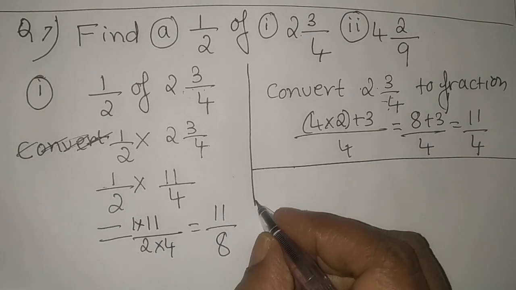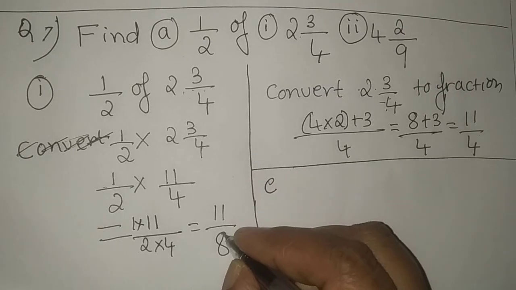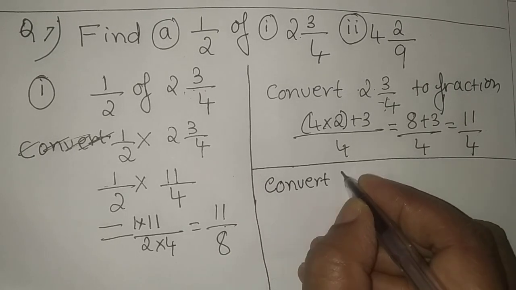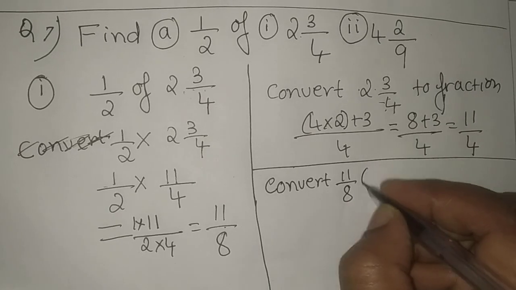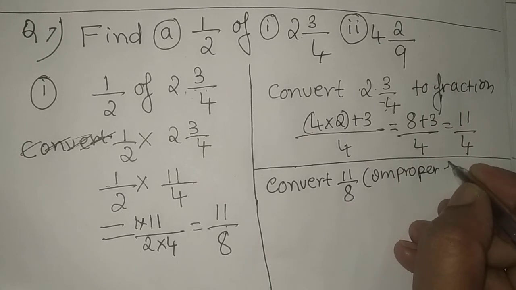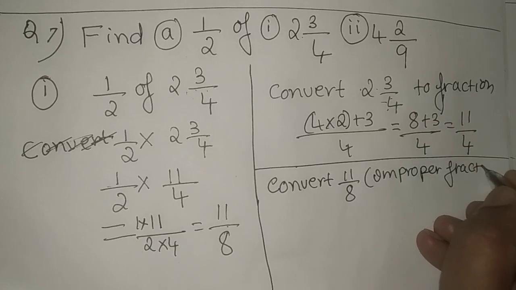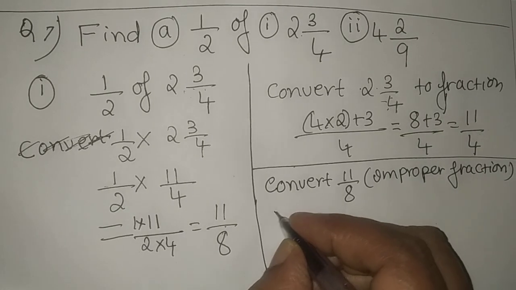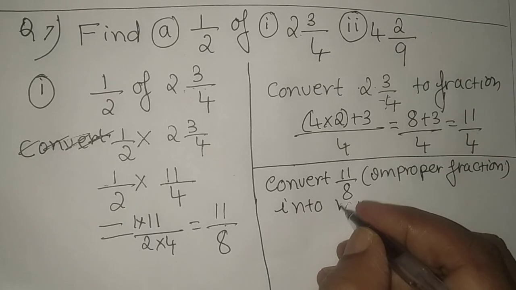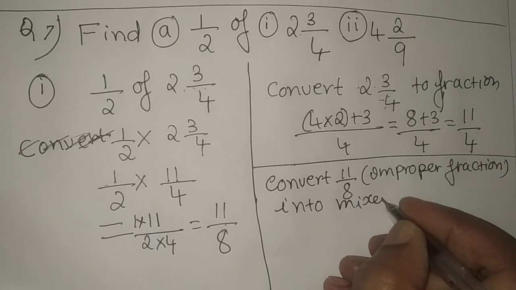Now the next step is to convert. This is an improper fraction. Convert 11 by 8 improper fraction into a mixed fraction.